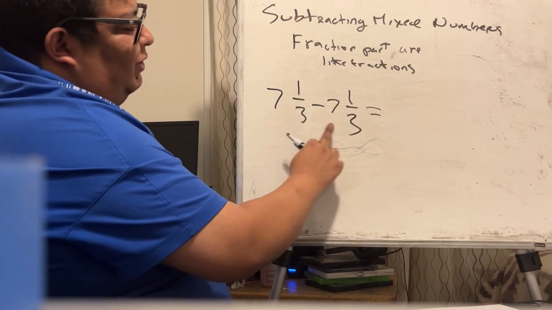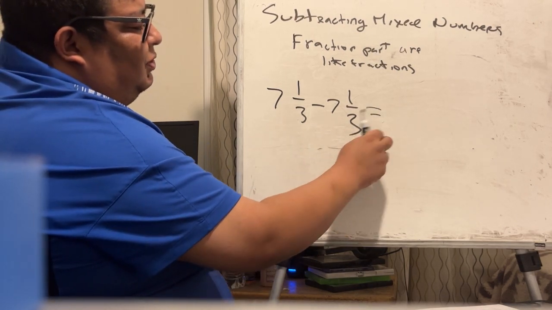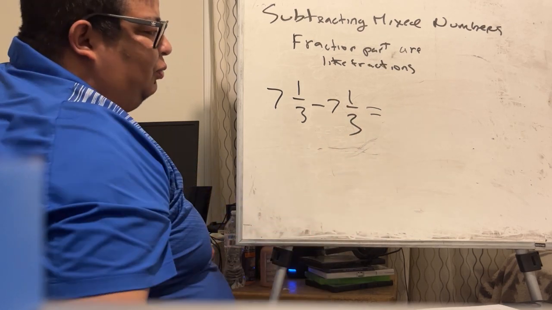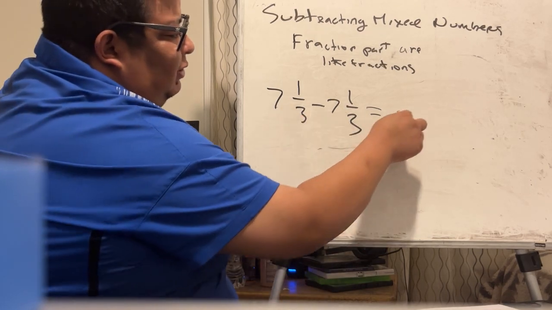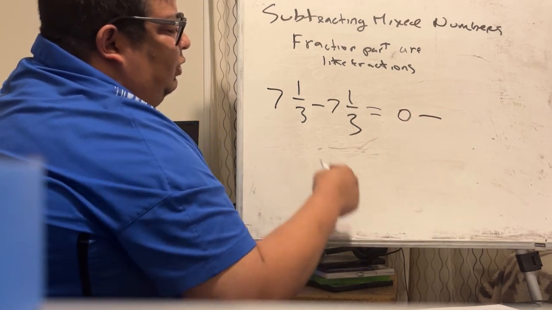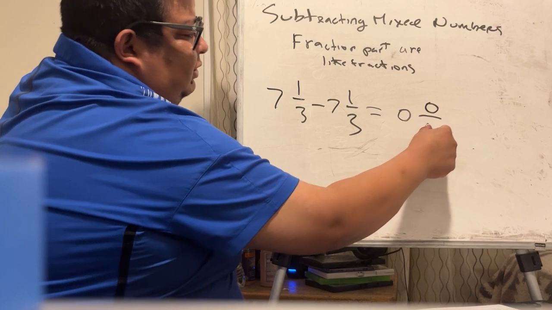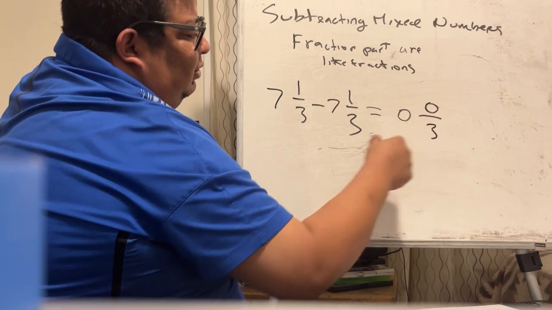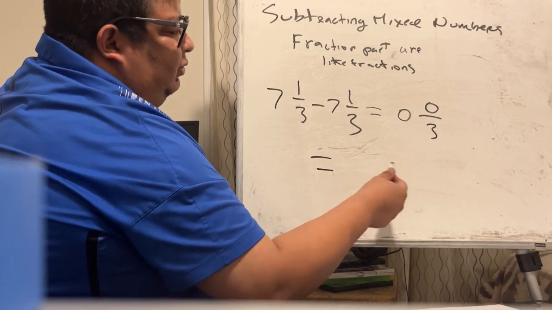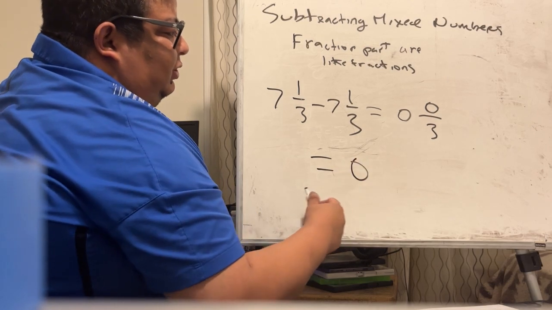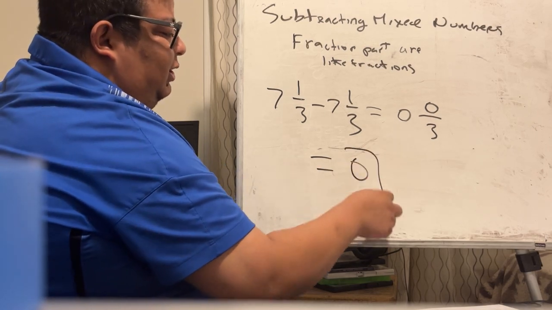Of course, this is the same mixed number, so that should give us 0. But let's do it the regular way. 7 minus 7 is 0, and then 1 minus 1 is 0, and 3 is the bottom. So 0/3 is equal to 0. The whole number is 0 and the fraction is 0, so the whole thing is 0.